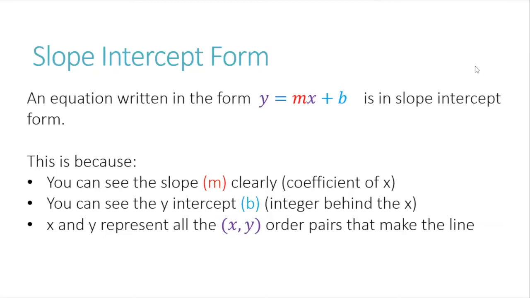Next point, you can see the y-intercept, which will be our b. So that will also be a number given in the equation. And y-intercept, when I think of the word intercept, words like intersect come to mind, or cross, or something that interrupts.